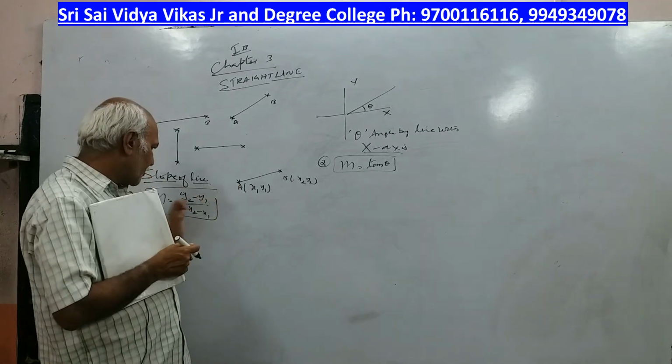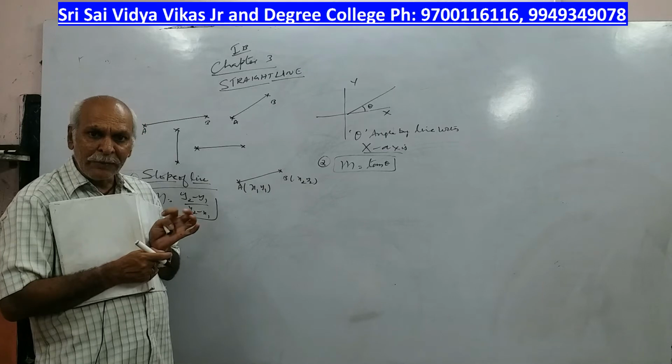Slope, first formula: y2 minus y1 by x2 minus x1. The next one is m is equal to tan theta.